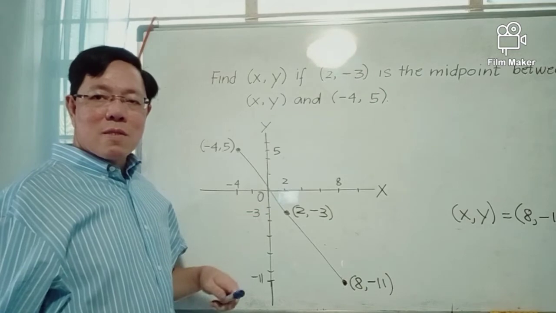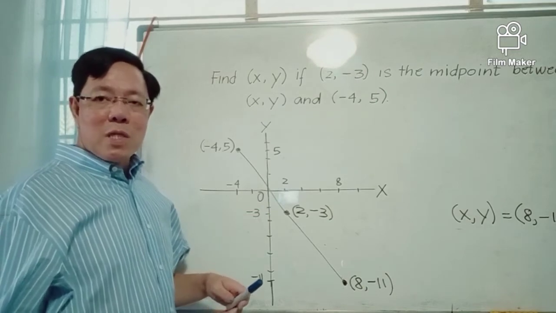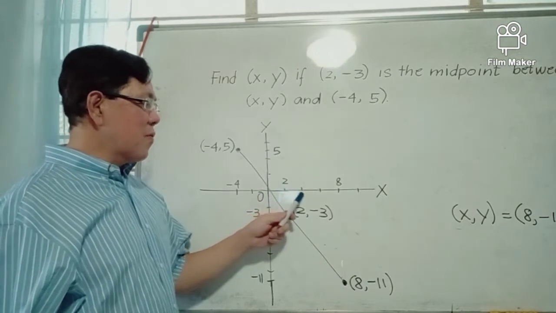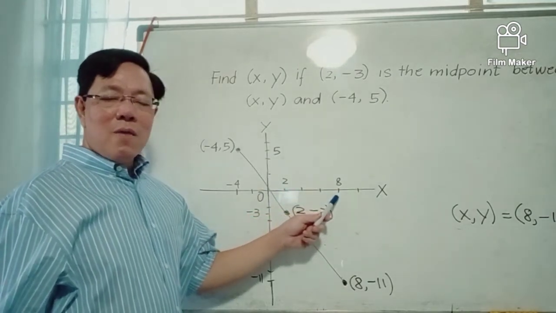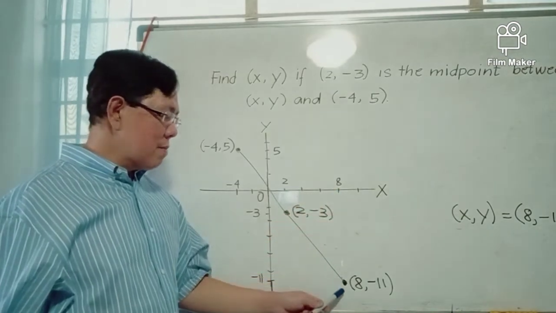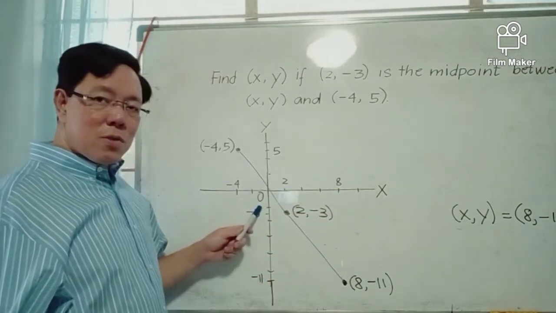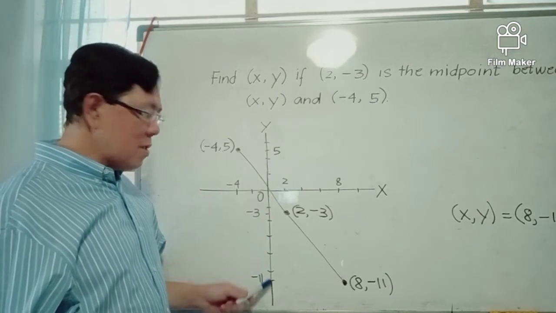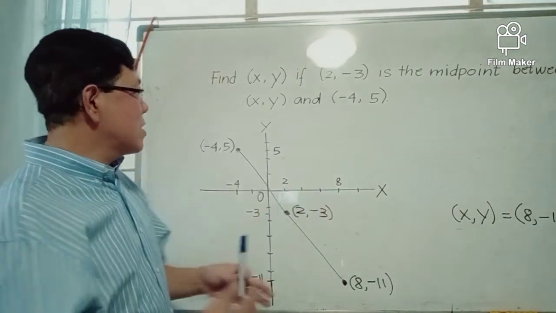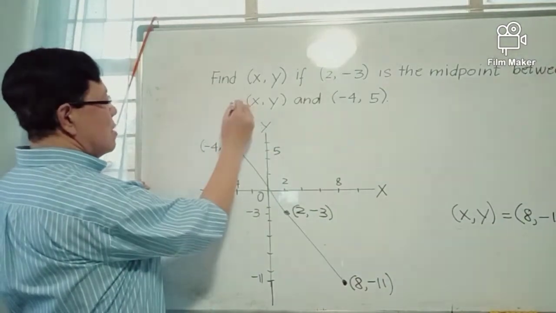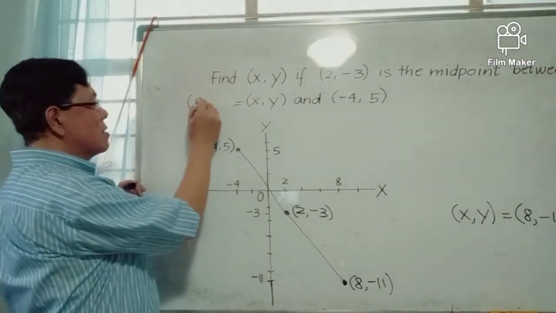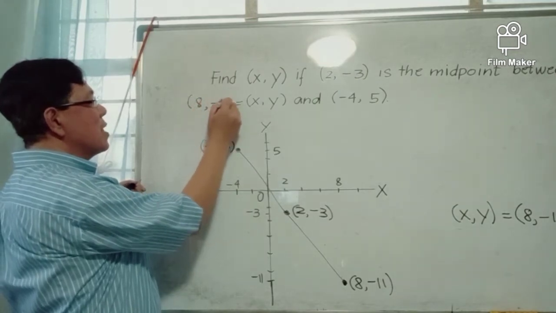In this graph, I use a 2-unit interval, so this is 2 units from the origin, 2, 4, 6, 8. And from this point, we count 11 units downward. I also use 2-unit intervals in the vertical axis. Again, for the point xy with coordinates 8, negative 11.